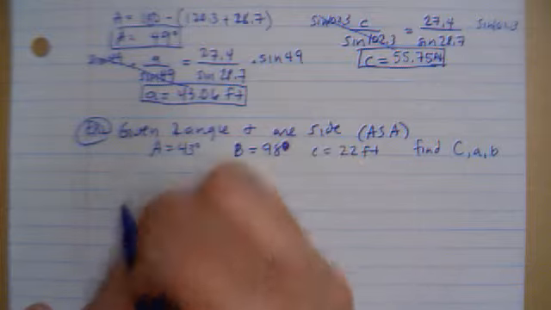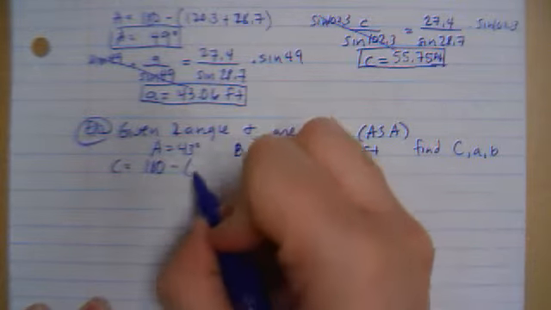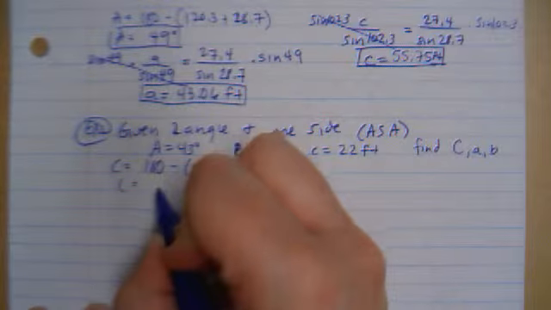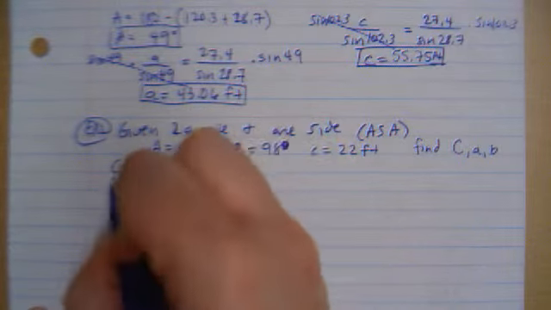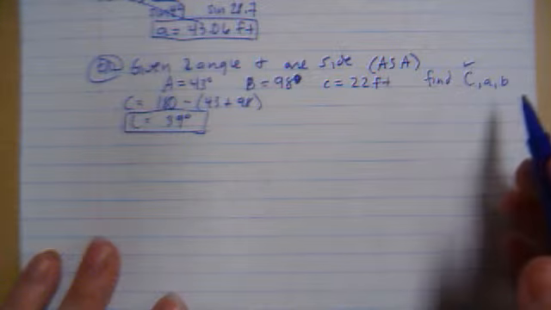Let's figure out what big C is, because we know the other two angles. So 180 minus 43 plus 98. When we do that, we get C is 39 degrees. Now, using our law of sines, I'm going to figure out what little a and little b are.